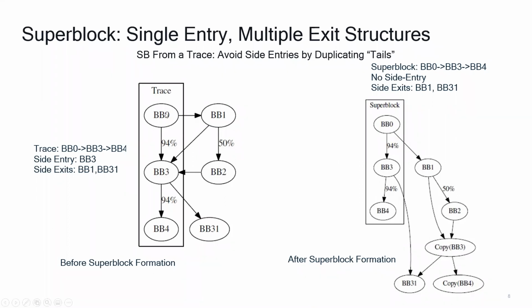By code duplication. For instance, you take this trace BB0, BB3, BB4. Can you name at least one side entry in this trace?